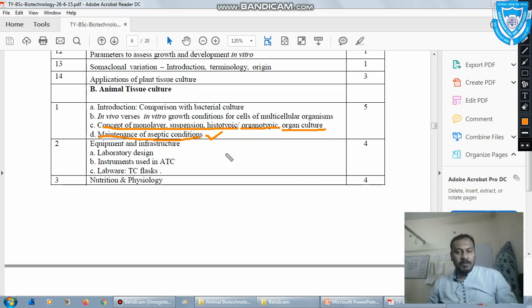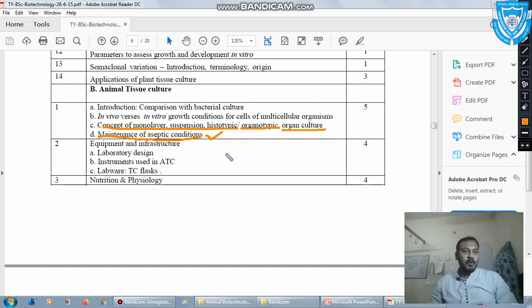Aseptic condition means removal of each and every contamination out of the laboratory, because a single particle that bears a single virus or spores from fungus or a bacterial species is going to contaminate our animal tissue culture or animal cells, and that will ultimately lead to failure of our whole experimentation or whatever process we conduct in the laboratory. So this is the aseptic condition. We'll see in detail what different things come under aseptic condition.